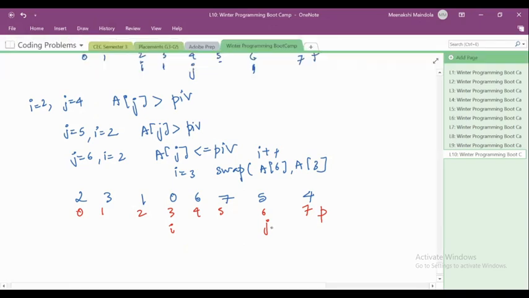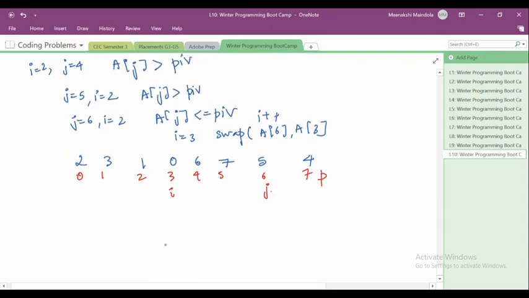Once j reaches the index just before where the pivot is stored, that is when the j loop ends, you are going to swap the values a of i plus 1 and a of high, right?